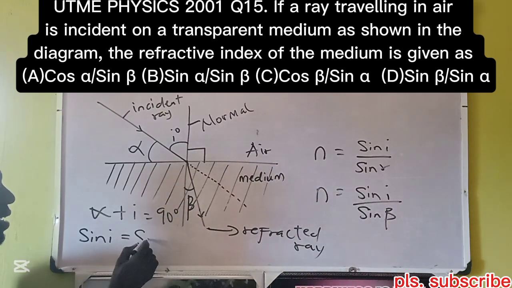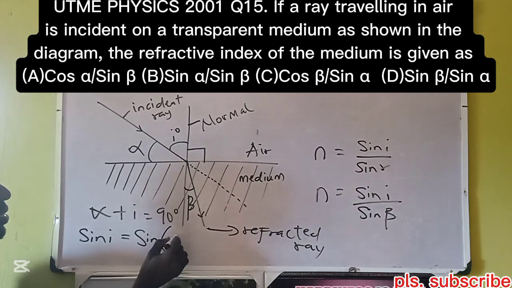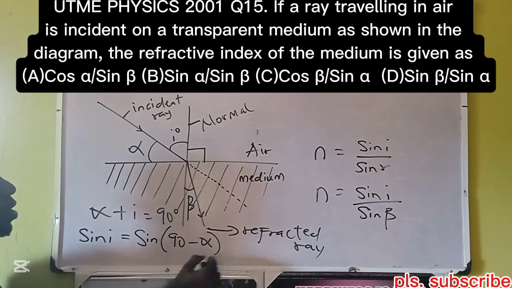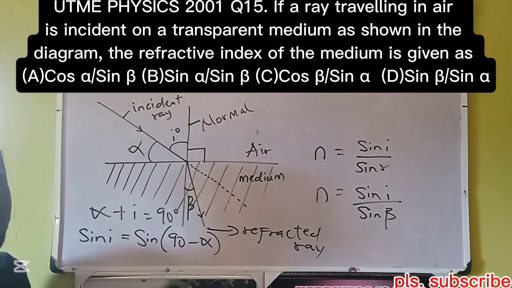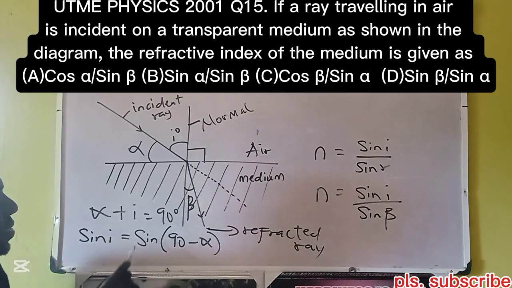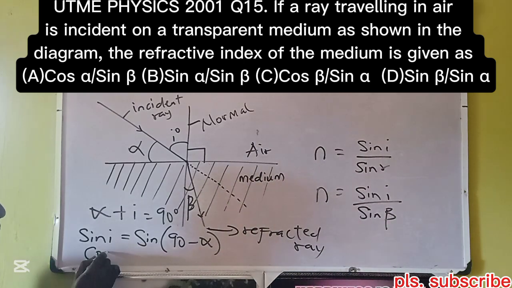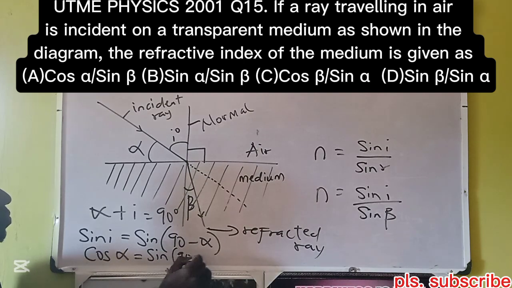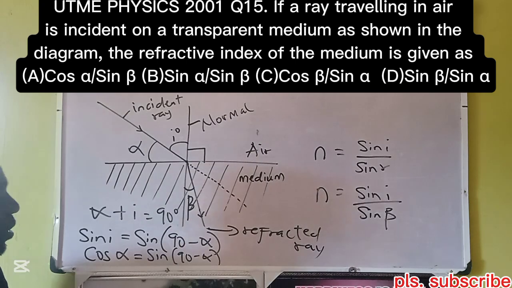So it will also be the same thing as sine, open brackets, 90 minus alpha, which is also the same thing as I. 90 minus alpha will also give me my I. Then in trigonometry, anytime angle 90 degrees is involved, there is a connection between sine and cos. Sine 90 minus alpha will also be the same thing as cos alpha. You can prove that from your calculator. Sine of 90 degrees minus alpha is the same thing as cos alpha.